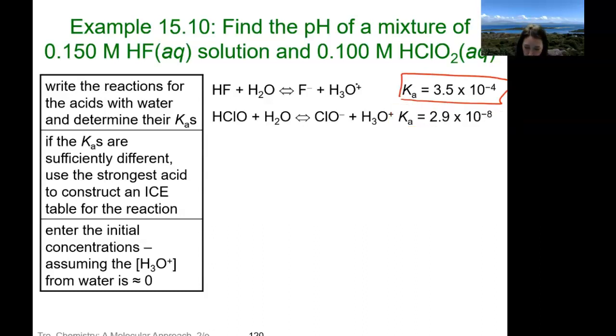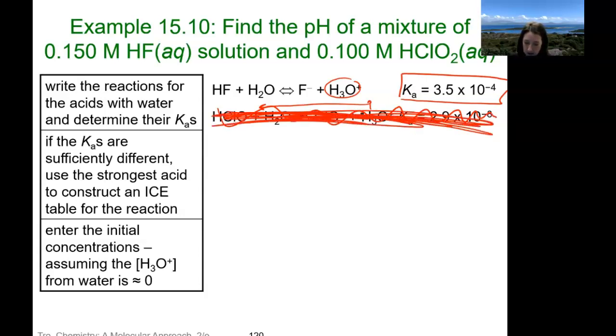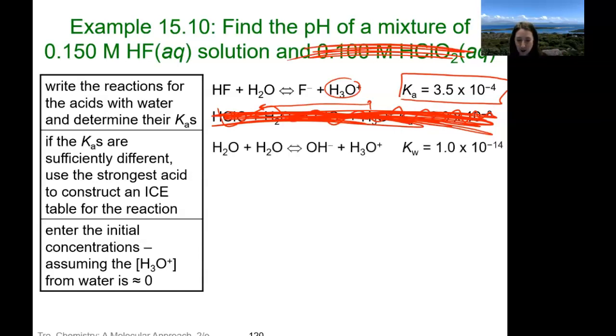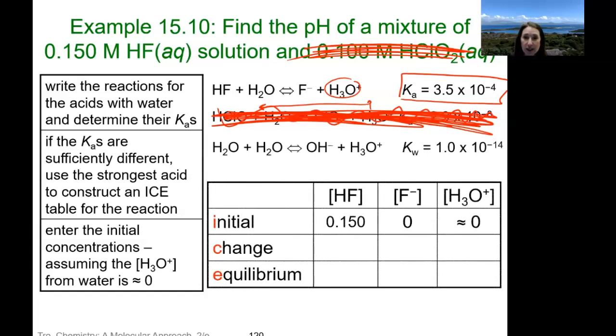Because of that, the contribution to this H3O plus, when you add it, is going to shift this one over here, making this one completely negligible. So when we do our ICE tables, we ignore it. We pretend it's not even there. This is the question now. The question is literally just HF. We literally will do the problem ignoring that HClO was there because it's so much stronger.